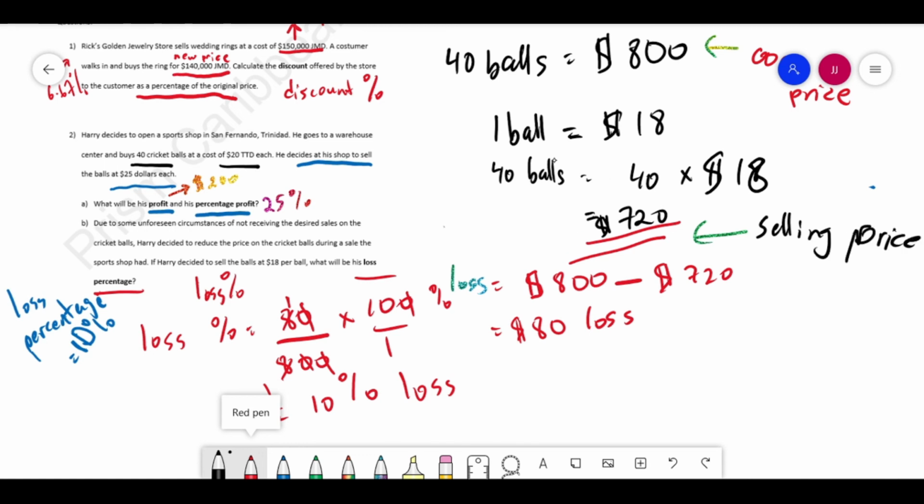We know for sure he got a loss because it was originally 800 and now 720. So the loss will be the cost price minus the selling price, which is $80 loss. And so we can write this as a percentage with the loss over the cost price multiplied by 100%, which will be a 10% loss.